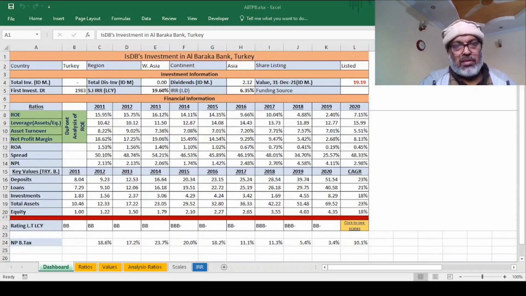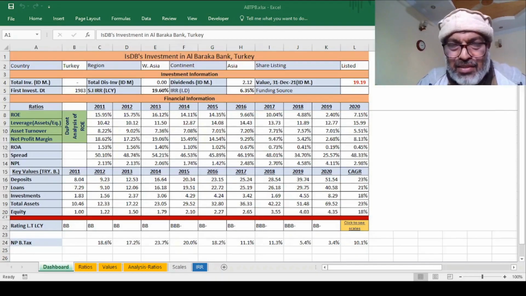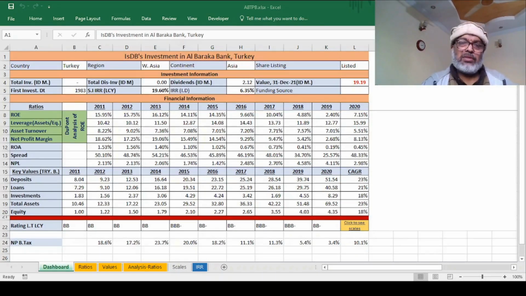But in case there is a force majeure-like situation where you don't have the particular data available, then I compared with all conventional banks and gave my opinion on the strength of the scores.